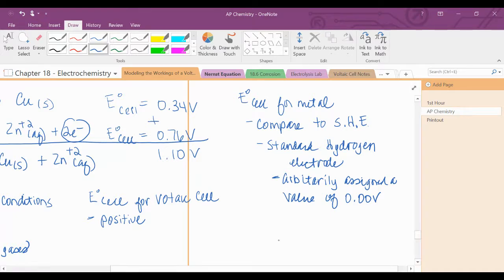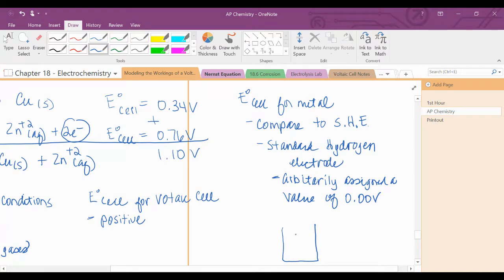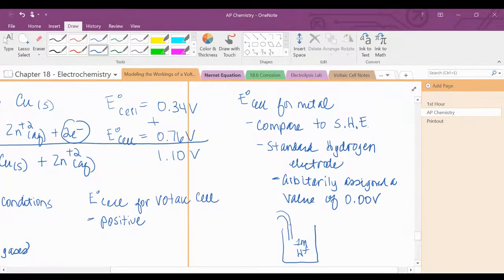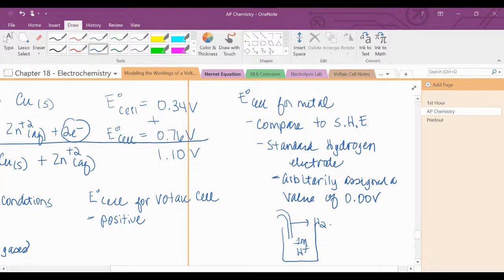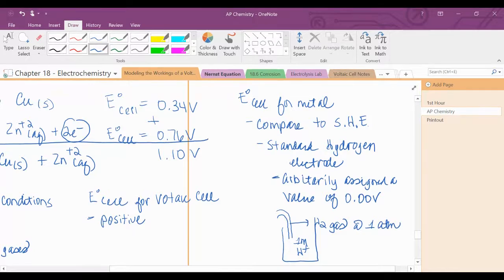All right. So the standard hydrogen electrode kind of looks like this. So we have a beaker. It has a 1 molar hydrogen ion solution. So it could be, for example, HCl. Now, the other part of this half reaction is that it's a gas. And so again, half reactions have to have a metal electrode.